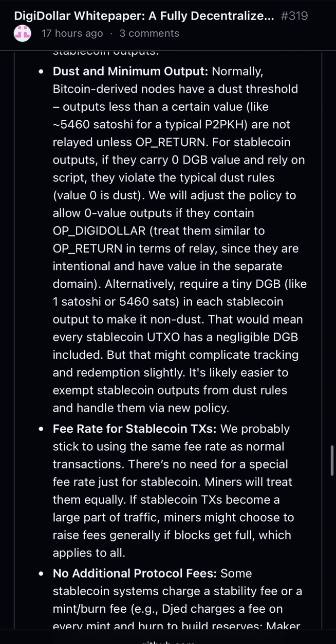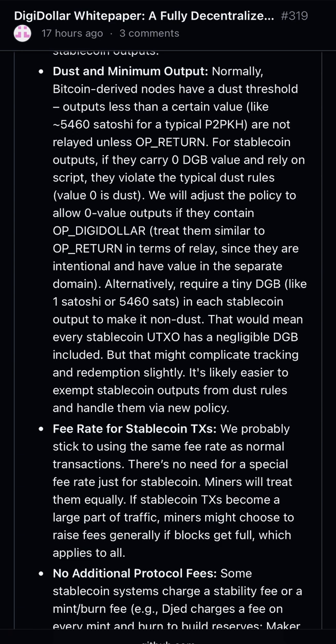Dust and minimum output. Normally, Bitcoin-derived nodes have a dust threshold. Outputs less than a certain value, like 5,460 satoshis for a typical P2PKH, are not relayed unless OP_RETURN. For stablecoin outputs, if they carry 0 DGB value and rely on script, they violate the typical dust rules. Value 0 is dust. We will adjust the policy to allow 0 value outputs if they contain the DigiDollar marker, treating them similar to OP_RETURN in terms of relay, since they are intentional and have value in the separate domain.